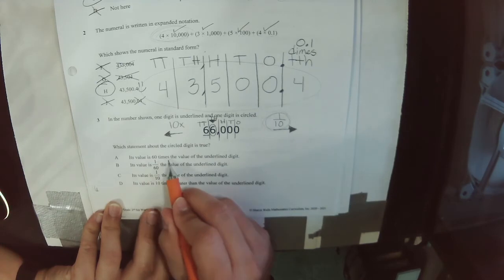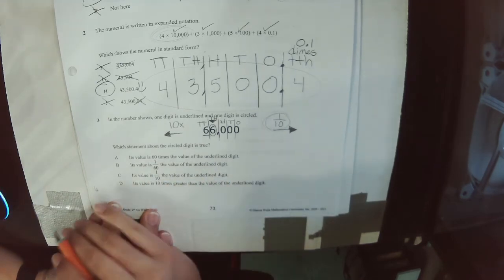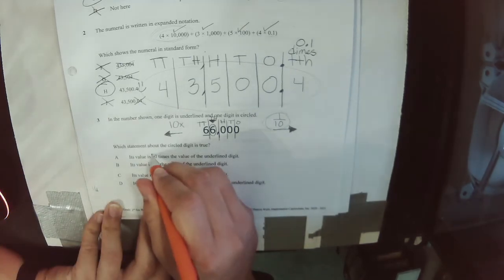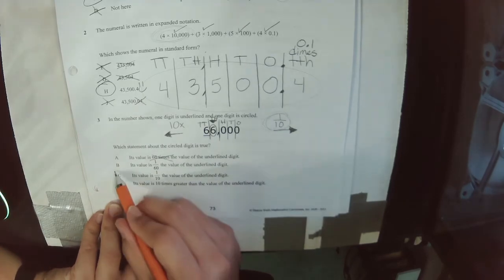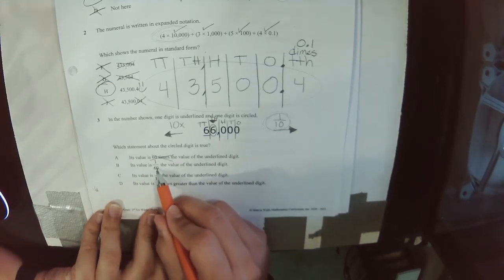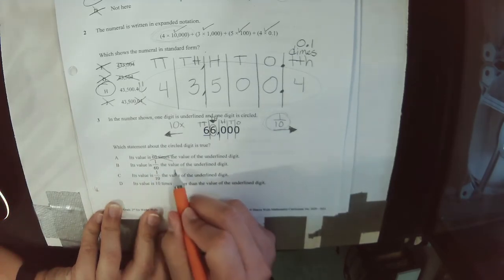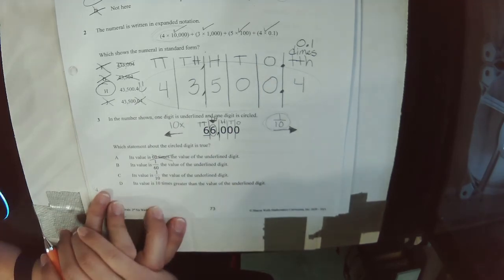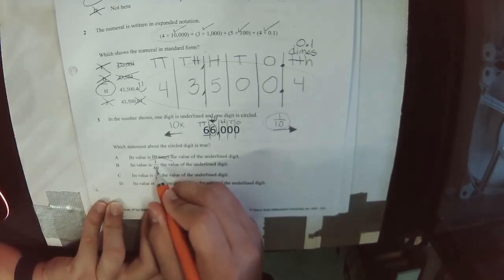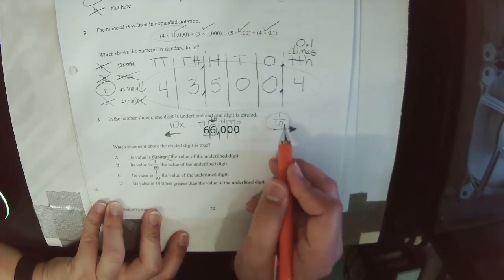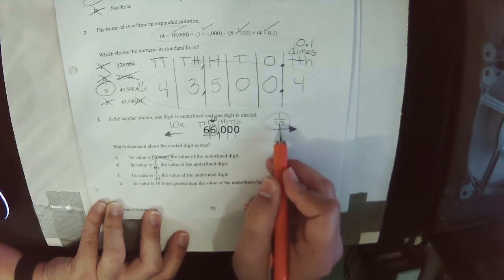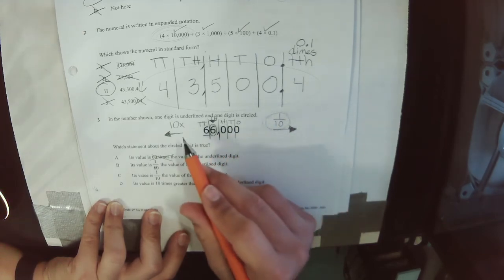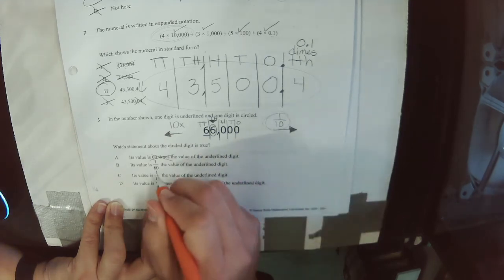A, its value is 60 times the value of the underlined digit. B, its value is 1/60th the value of the underlined digit. Now this is close, but it's not 1/60th. It's always 10, either 10 times or 1/10.